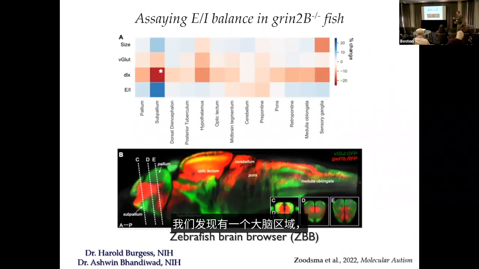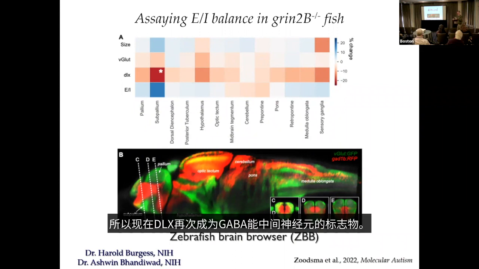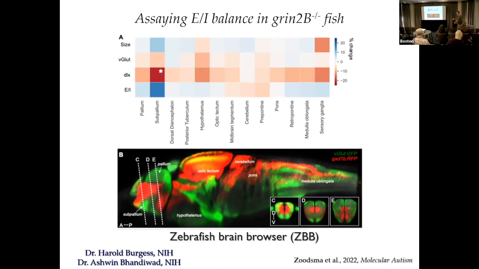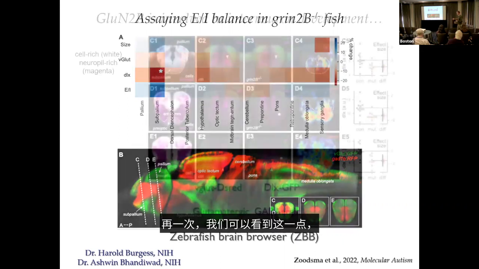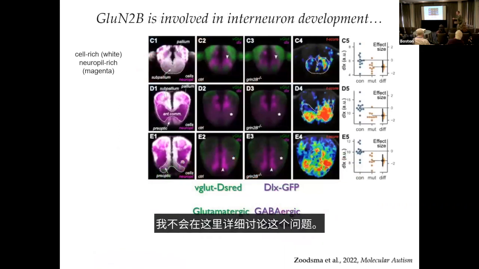And what we identified was that there was one brain region, the subpallium, where we saw a dramatic reduction in the number of DLX neurons. DLX is a marker for GABAergic interneurons. Here we're using a different color scheme, identifying the cell-rich region in white.